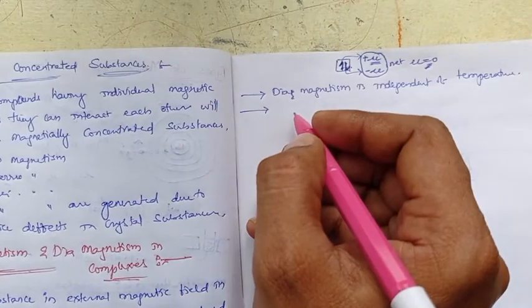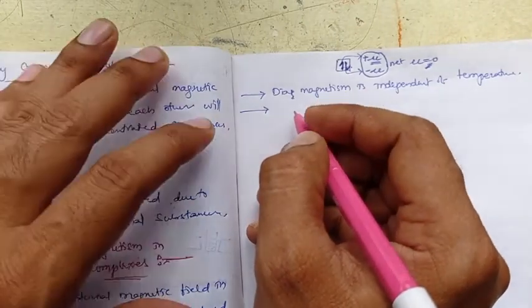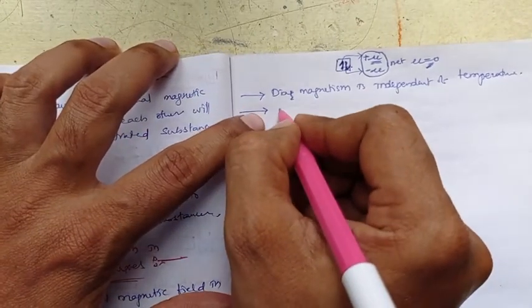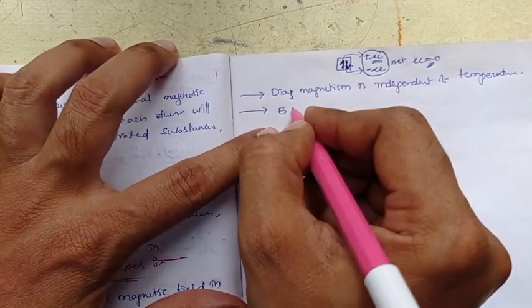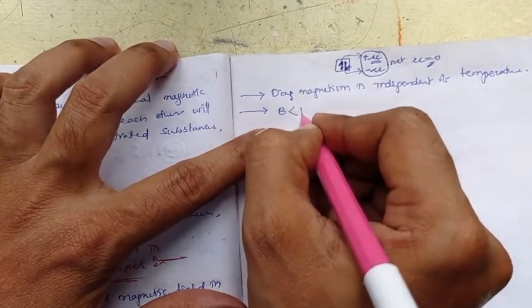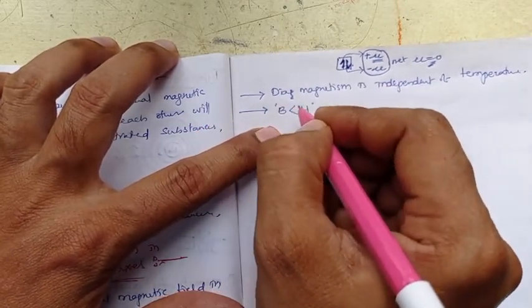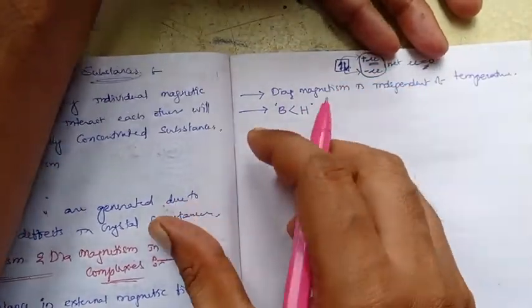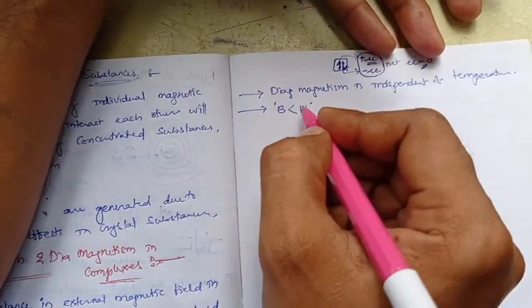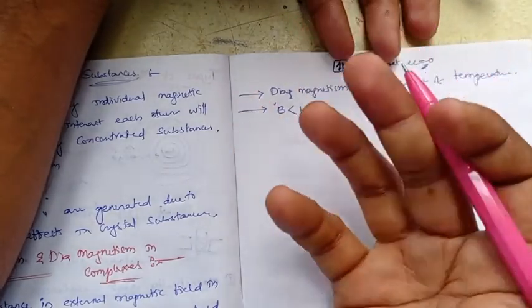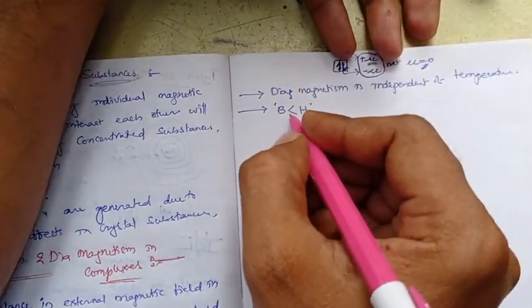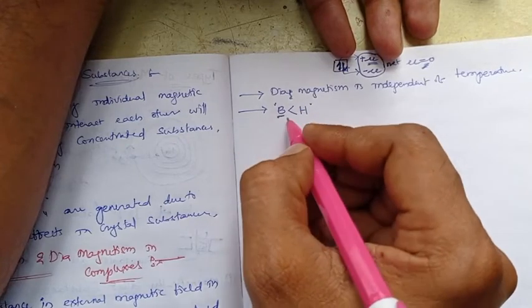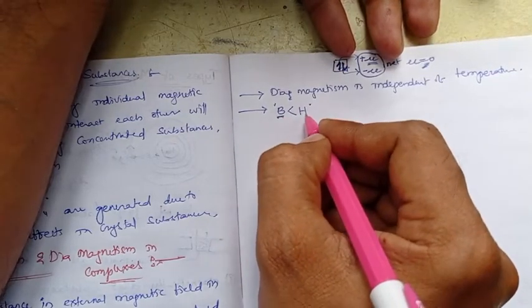And diamagnetic substances have a lower induced magnetic field than the applied magnetic field. In the external magnetic field, diamagnetic substances will induce their magnetism, and thus the induced magnetism will always be lower than the external magnetic field.